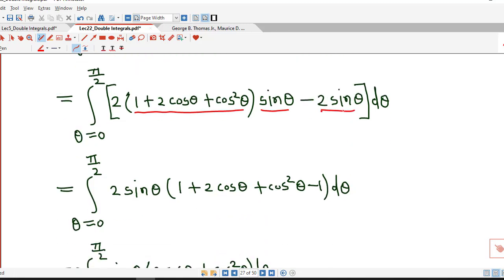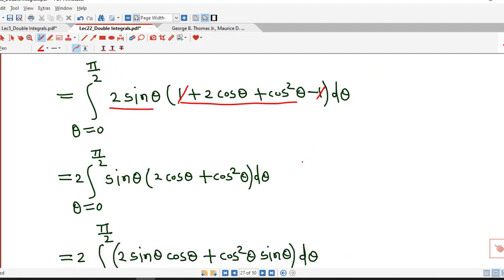Now we take this 2 sin theta common. So we have 1 plus 2 cos theta plus cos square theta, this part minus 1. So here again 1 will cancel out. Now this 2 is independent of theta, so we have written it outside, into sin theta, and this we have written 2 cos theta plus cos square theta d theta.